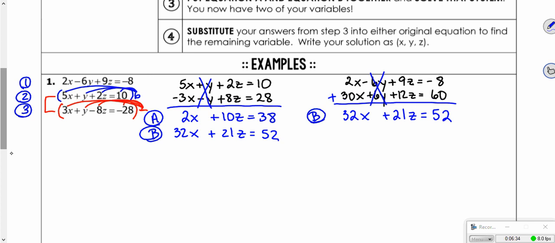A negative 16. Okay? So I am multiplying this entire equation by negative 16 so that it can eliminate with the B equation. So negative 16 times 2x is negative 32x. Okay, negative 16 times 10 is negative 160z.